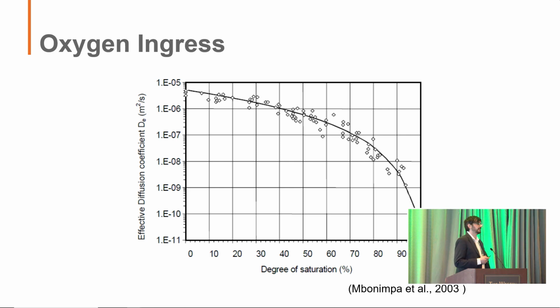In order to understand the oxygen ingress, which is the reason why we can have some acid generation, we need to understand that the degree of saturation in our cover system is the main issue we need to look at. You can see from this plot that the higher the degree of saturation, the less the oxygen ingress to our system.